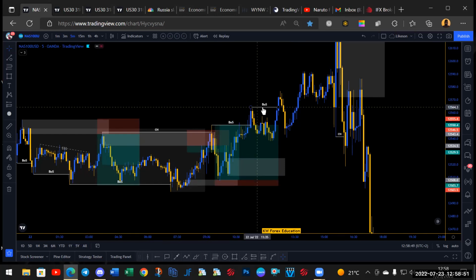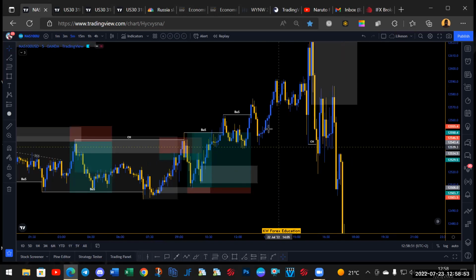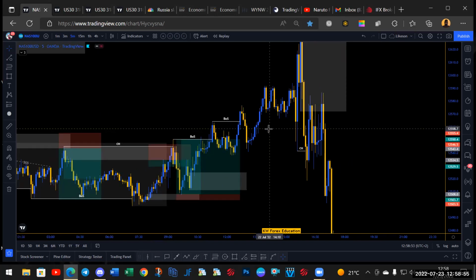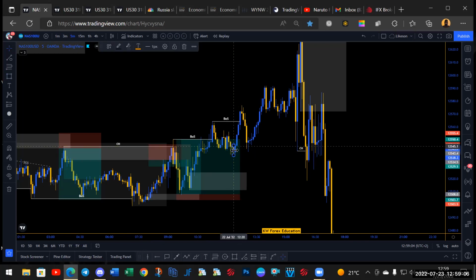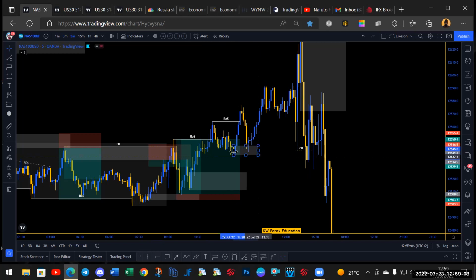So we have the second break of structure there. After the second break of structure, we have that. You see, this is clean. There's only one candle in there.